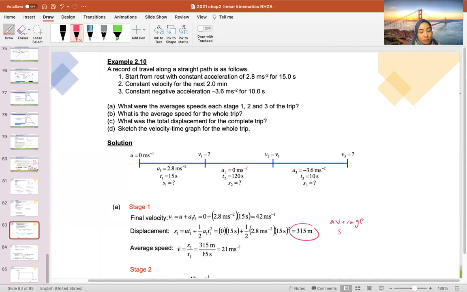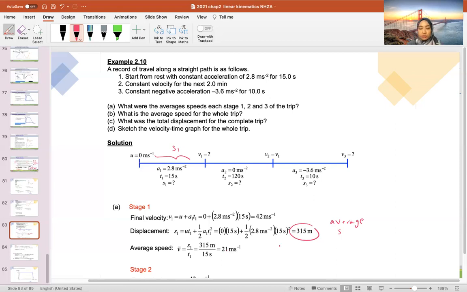I know it says speed, tapi kat sini our distance is displacement for this section. Okay, so 315 over 15. This is the displacement over this duration, S1. S1 is from here to here. What is the average speed? S1 over time. 315 divided by 15, you get 21 meter per second.